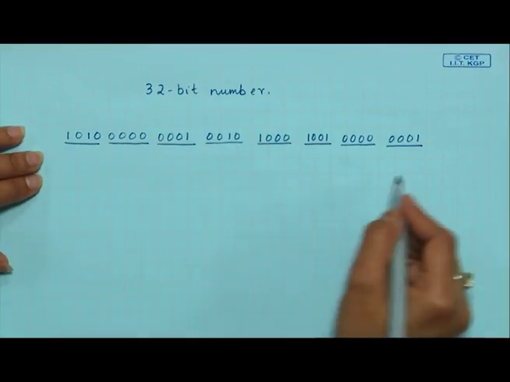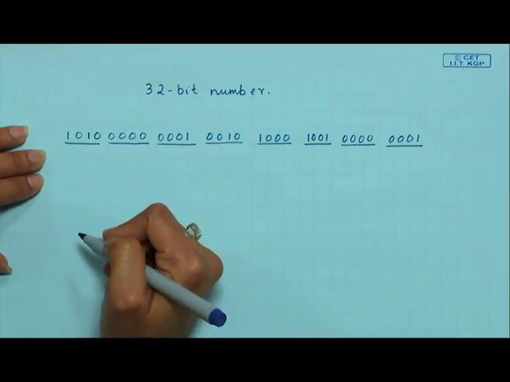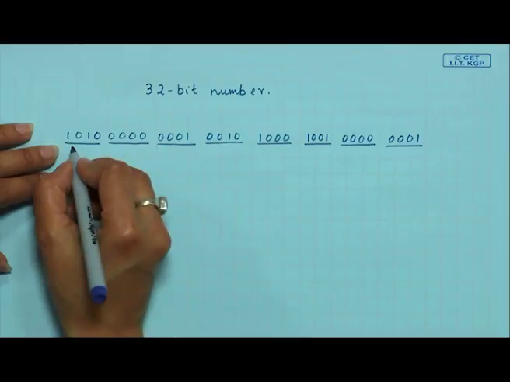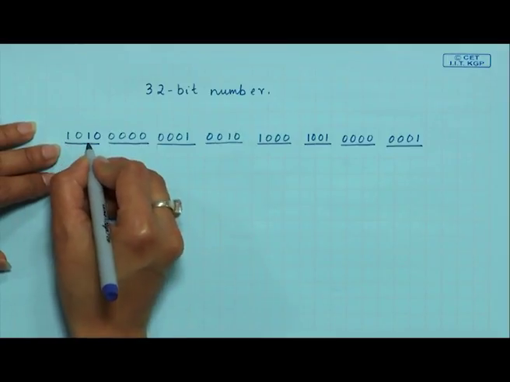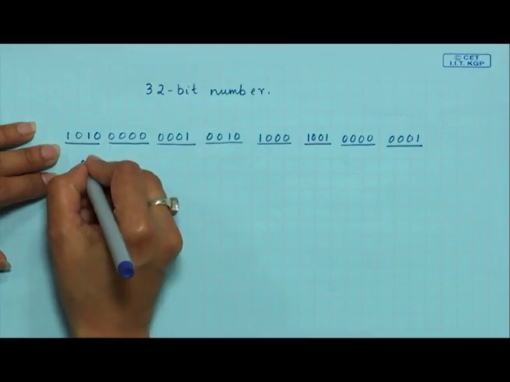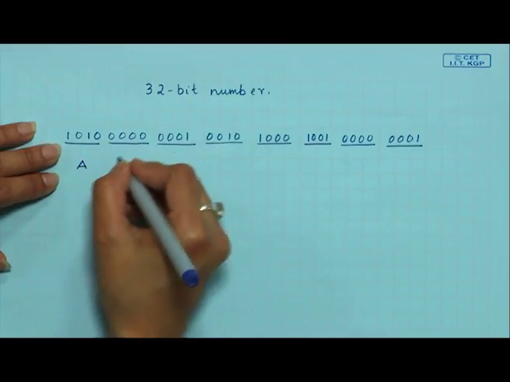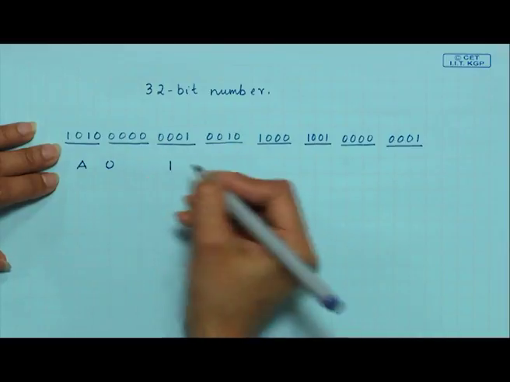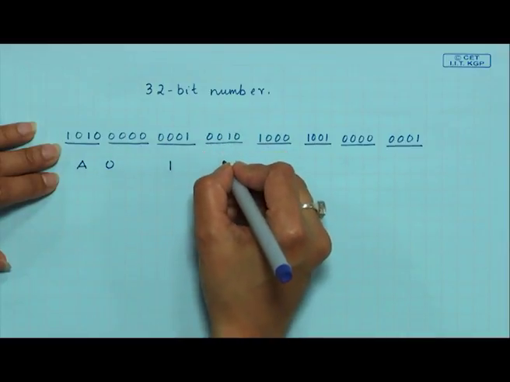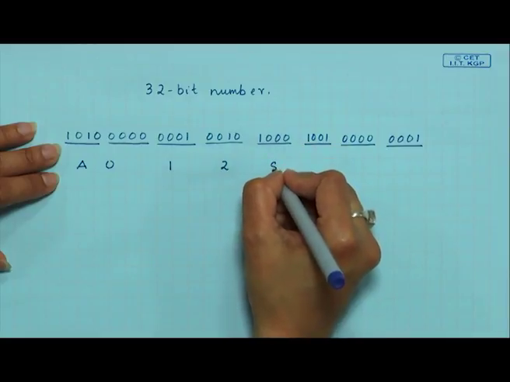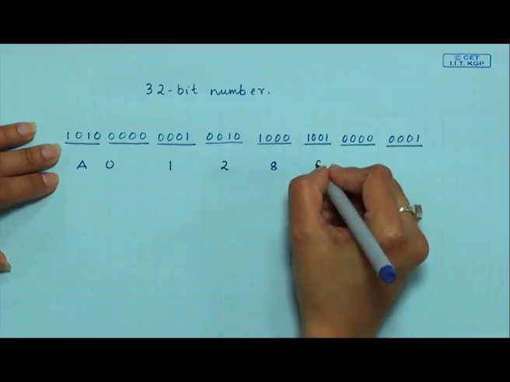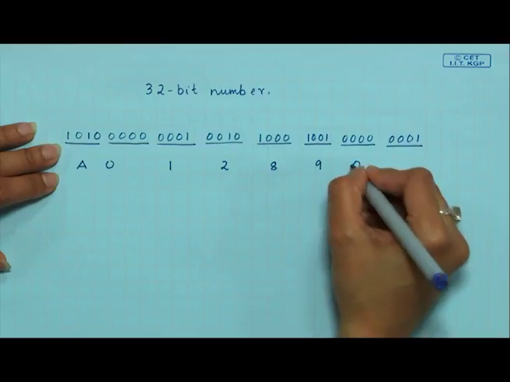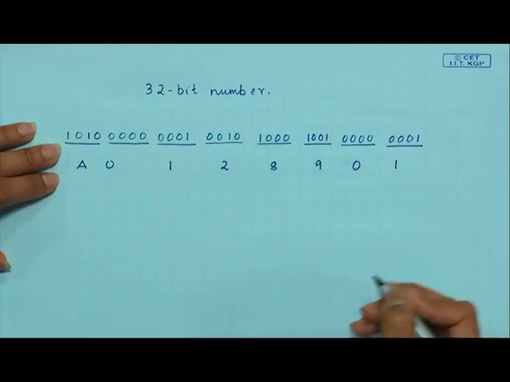So, this 32-bit number can be represented by only 8 digits. How? Because 1010, what is 1010? 1010 is A, 0000 is 0, 0001 is 1, 0010 is 2, this is 8, this is 9, this is 0, this is 1.